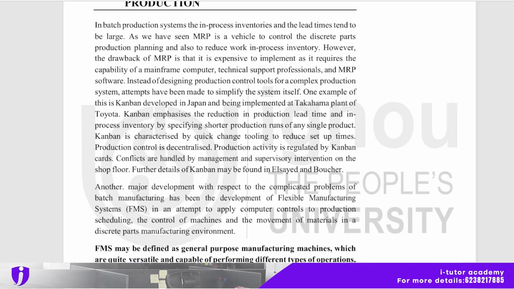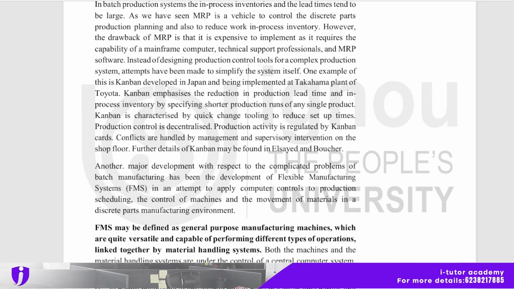The Kanban emphasizes the reduction in production lead time and in-process inventory by specifying shorter production runs of any single product. Kanban is characterized by quick change tooling to reduce setup time. Production control is decentralized. Production activity is regulated by Kanban cards, and conflicts are handled by management and supervisory intervention on the shop floor.